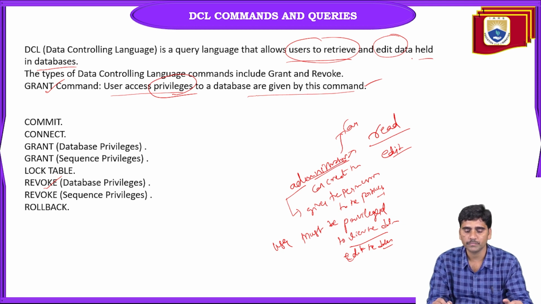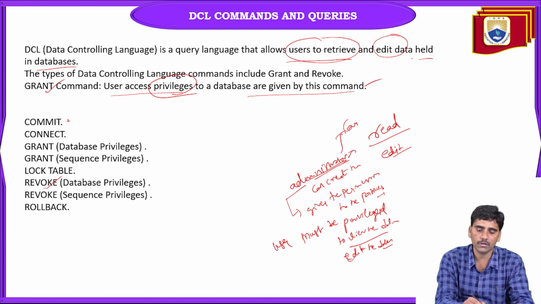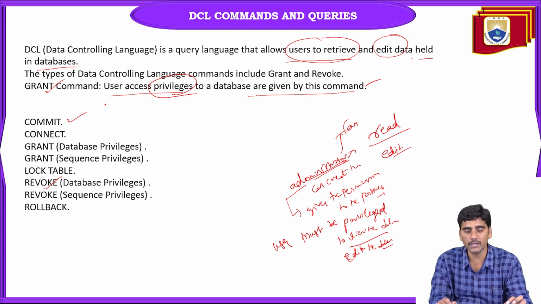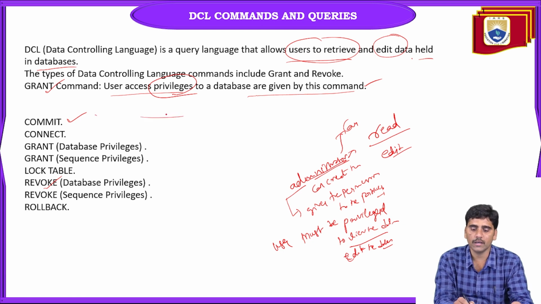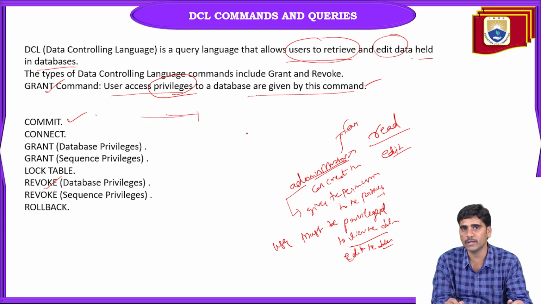For that, there are different types of commands. The first one is commit. Commit saves the data to be stored permanently. The entire table data is stored permanently after committing.